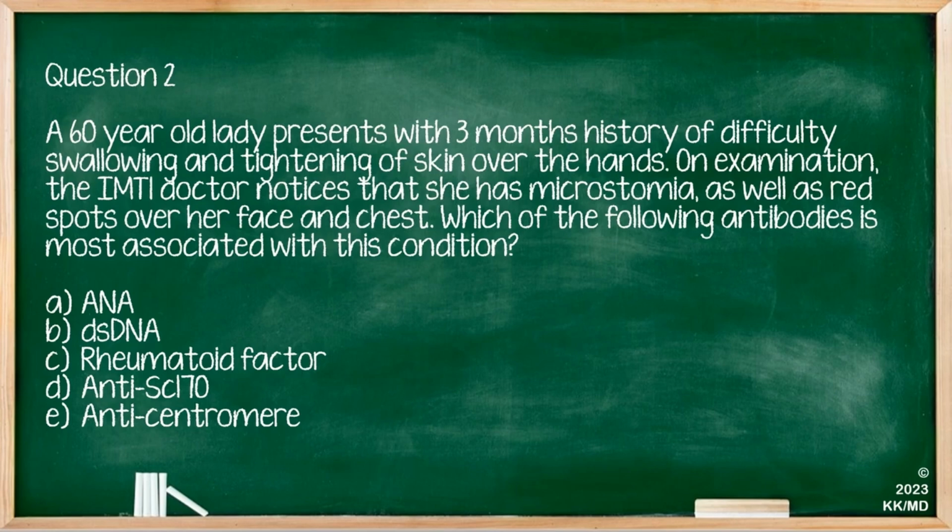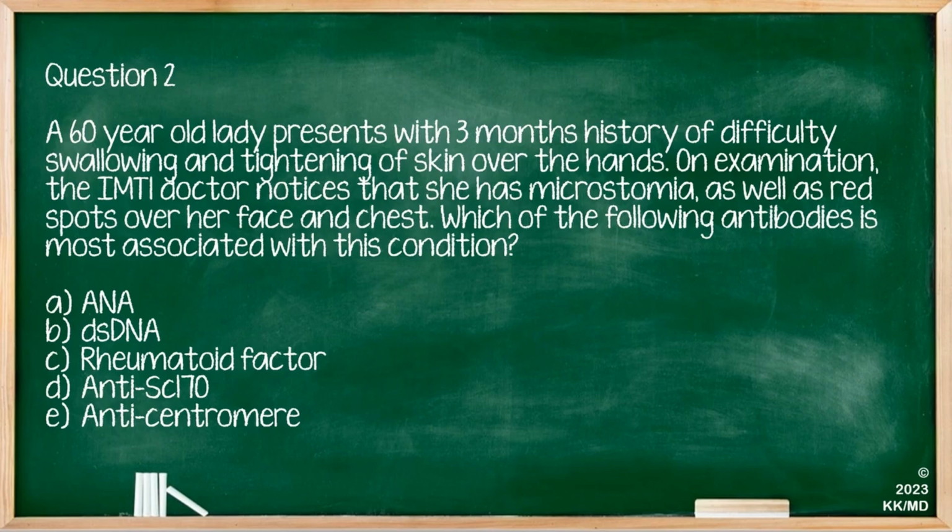Now, if you remember from our systemic sclerosis lecture, the two antibodies that are associated and are most specific to this condition are option D, which is anti-Scl-70, and option E, which is anticentromere. The difference between the two is that a different type of antibody is associated with different types of systemic sclerosis.